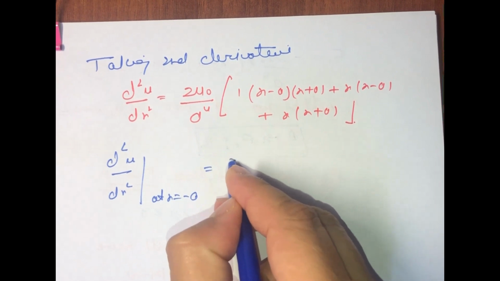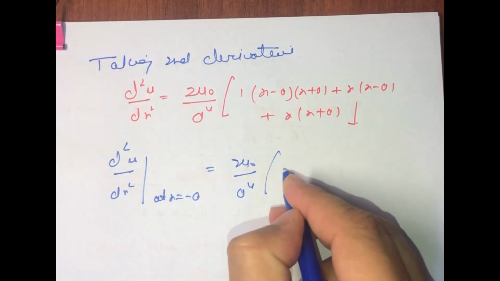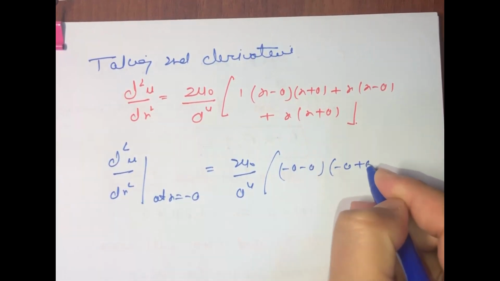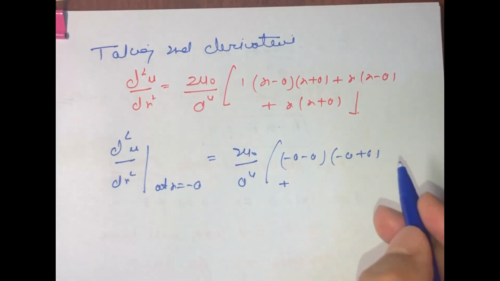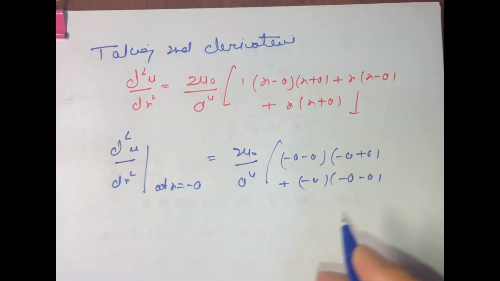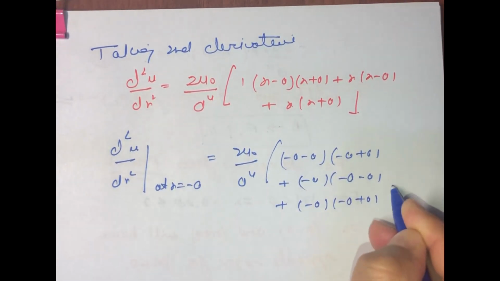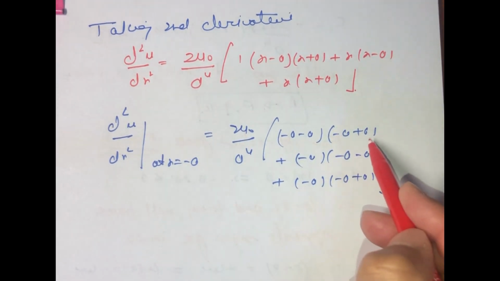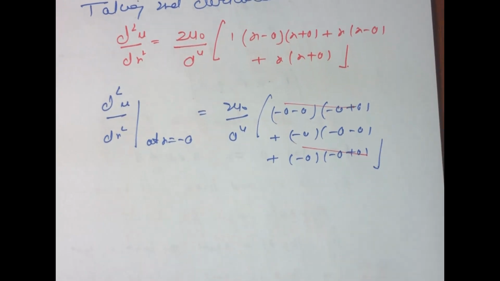So we get 2U naught upon A4, we get (minus a plus a) plus minus a into (minus a) and plus a. So this term and this term come 0.